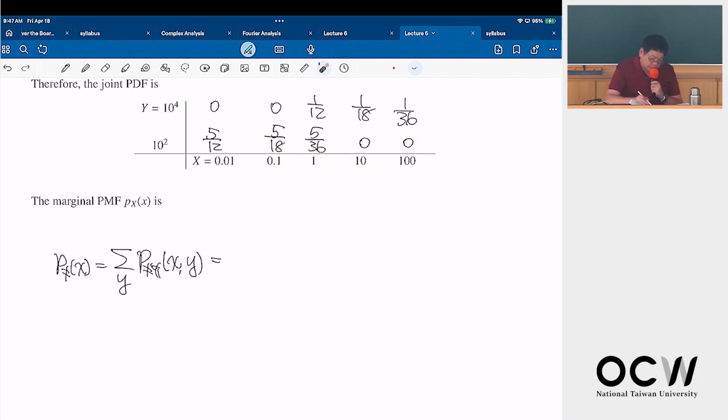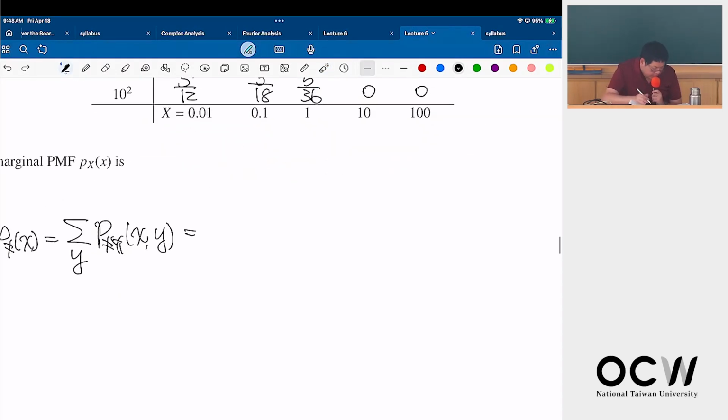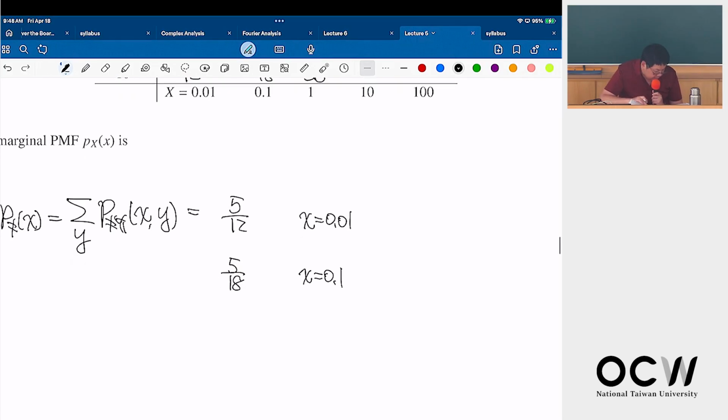Those 5 different numbers, we have their PMF individually. When x is 0.01, that is 5/12, or 5/18 when x equals 0.1, or 2/9 when x equals 1.